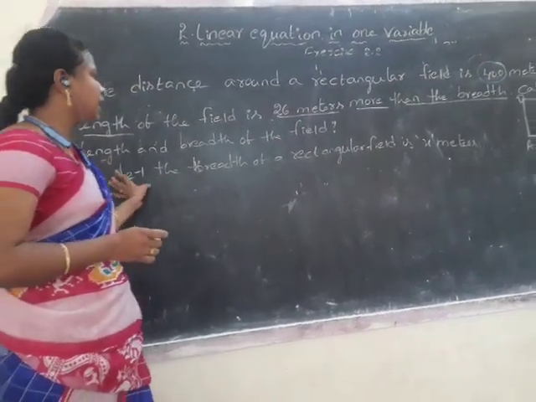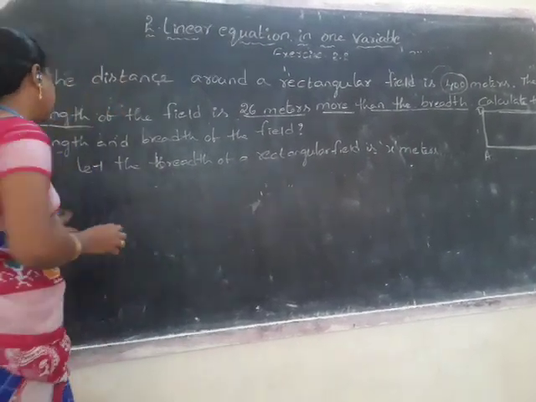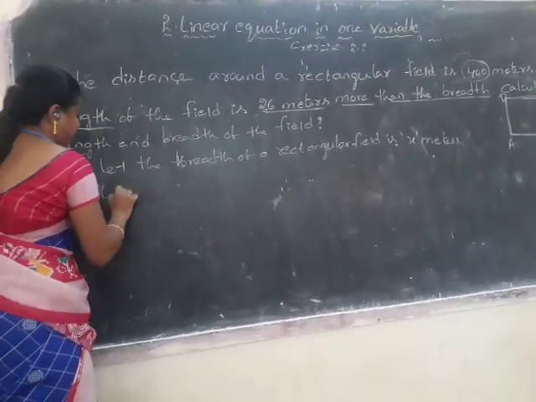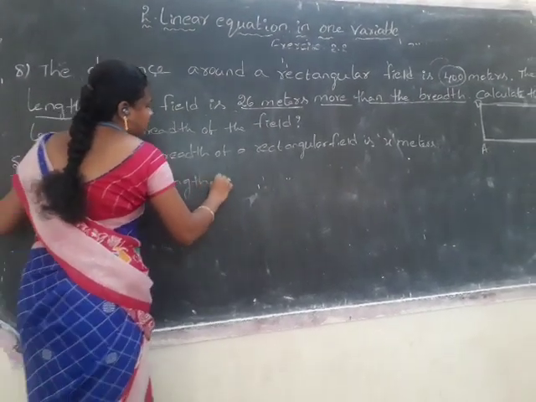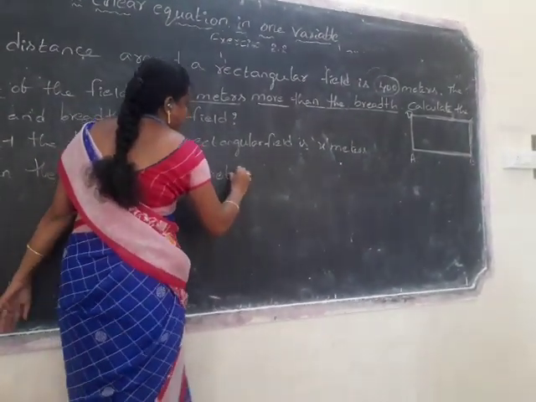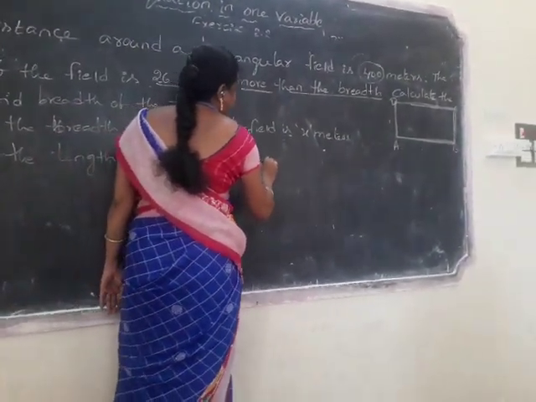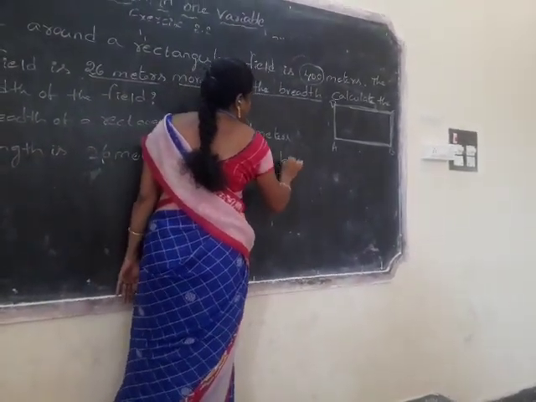Okay, students. Here, the breadth of the rectangular field is x meters. Then the length is 26 meters more than the breadth.